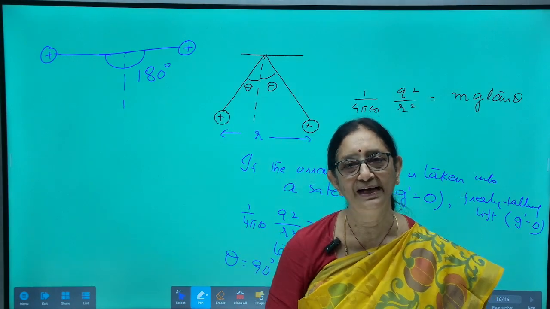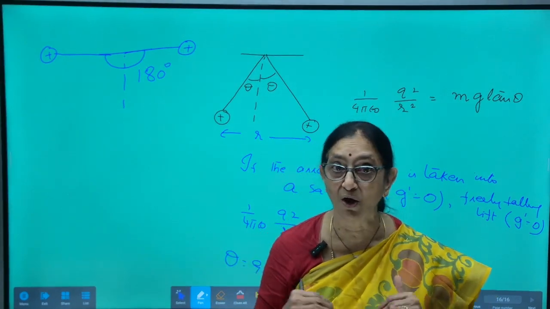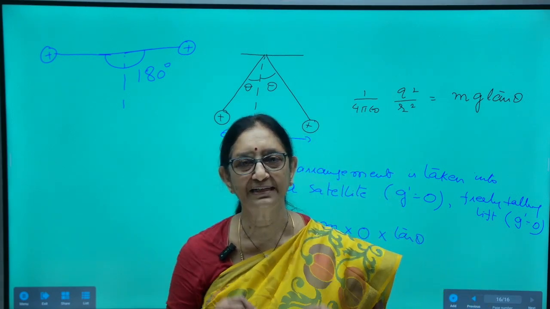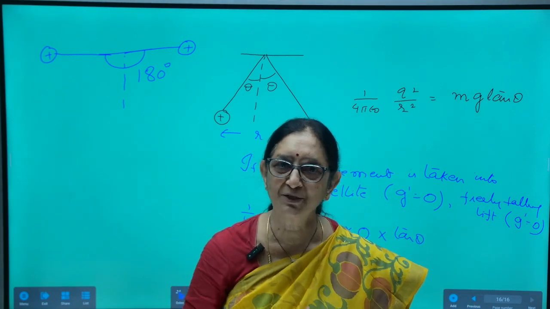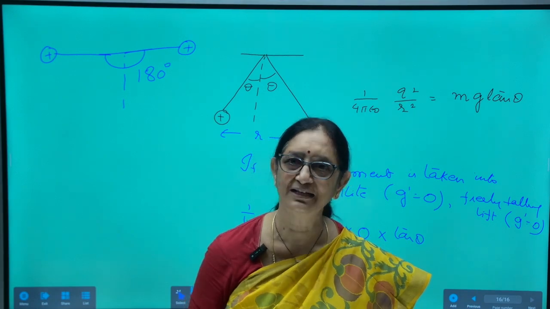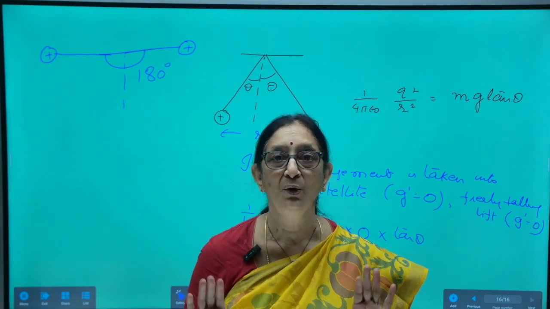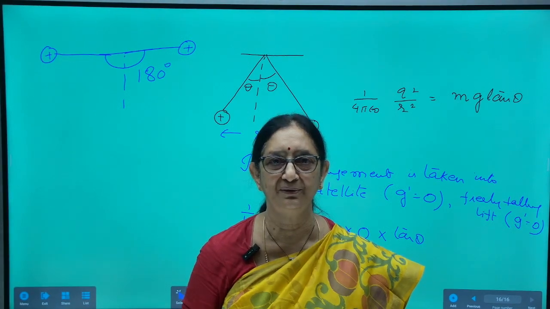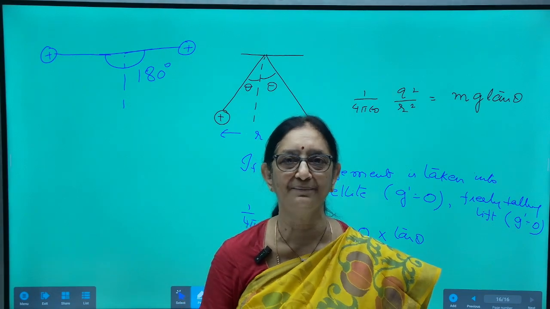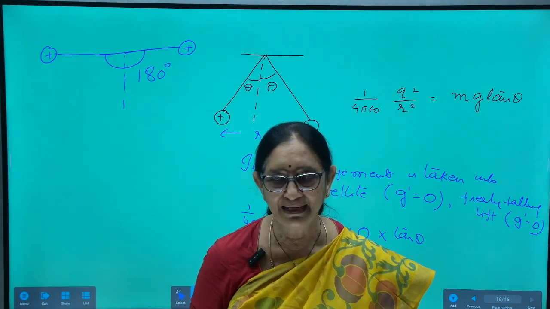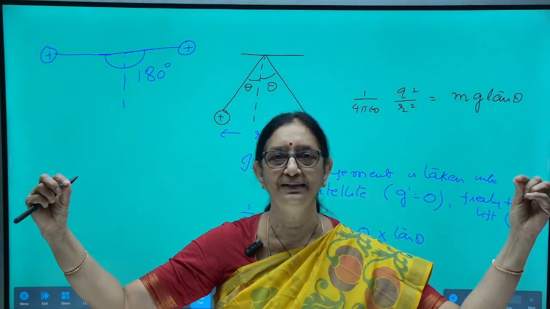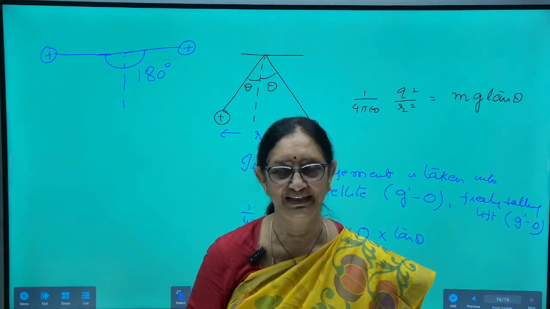So, when two identical simple pendulums are suspended from the same point, if that arrangement is taken to a satellite or in a freely falling lift where acceleration due to gravity apparently becomes equal to 0, then the angle between the two strings will be 180 degrees.